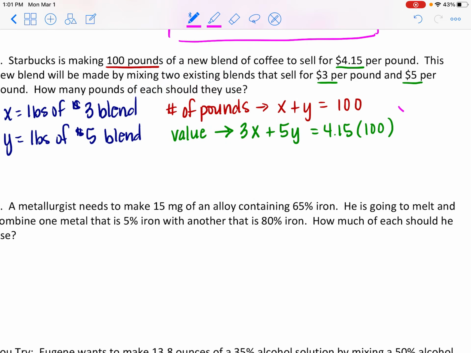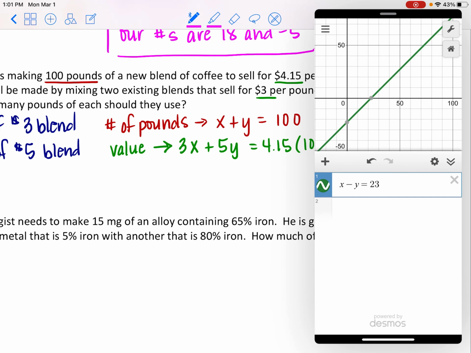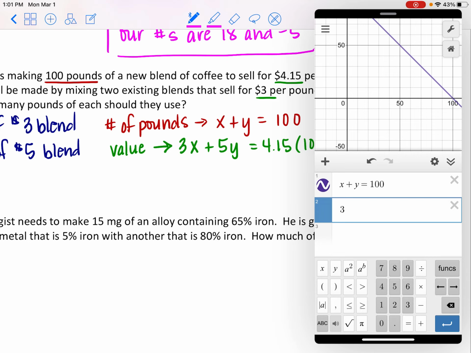So we're going to put this in Desmos now to do the hard part. So it's going to be x amount of pounds plus y amount of pounds to make 100 pounds total. It's $3 per pound of that plus $5 per pound of that, equaling $4.15 per pound of the mixture.